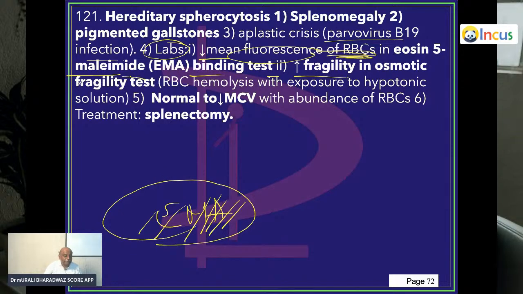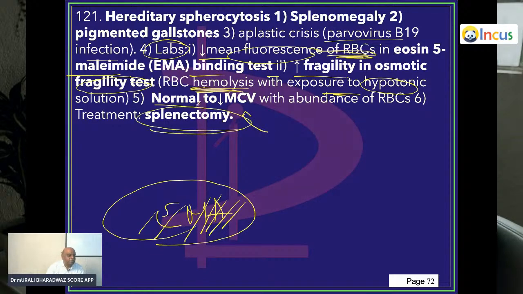Then there is increased osmotic fragility. The RBCs will break down with exposure to hypotonic solution, because there is more water in a hypotonic solution which will enter the RBC. Only a little enters, as it already has little space to accommodate, and it will burst. Then they have a decreased or normal MCV.